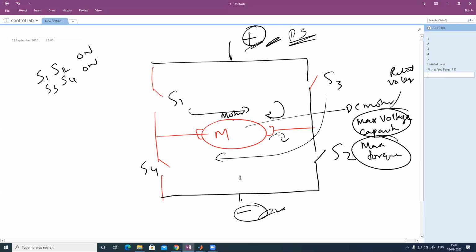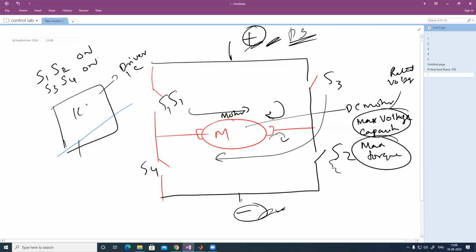So that is modeled. This is actually S1, S2, S3, S4, which are sometimes driver ICs. The driver voltage is fixed.